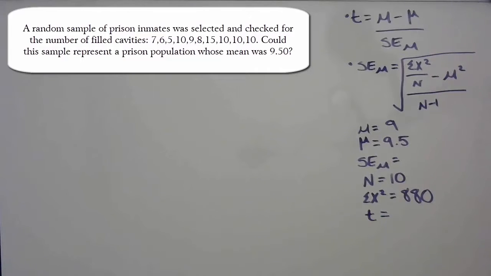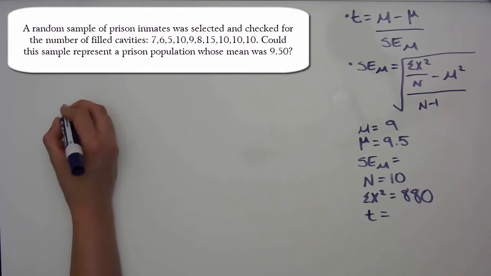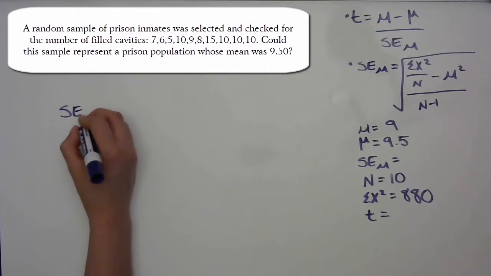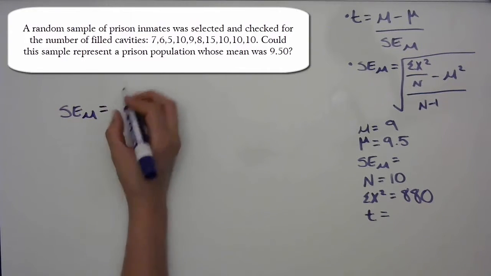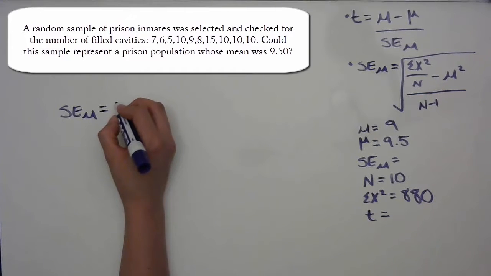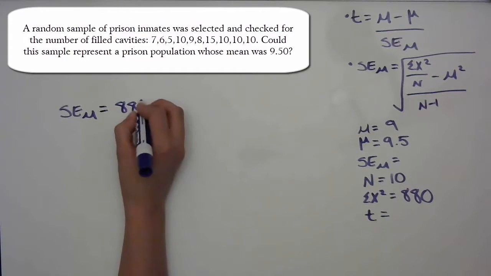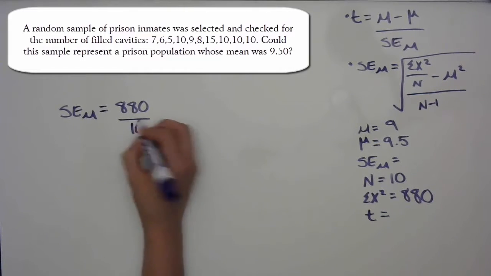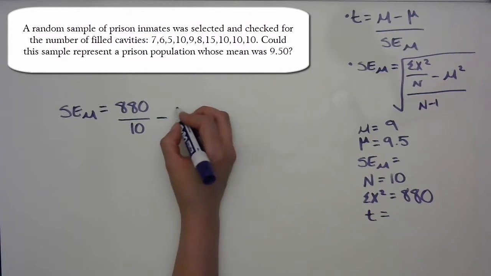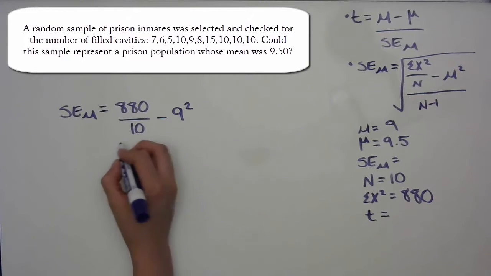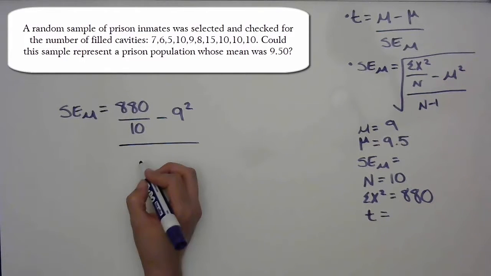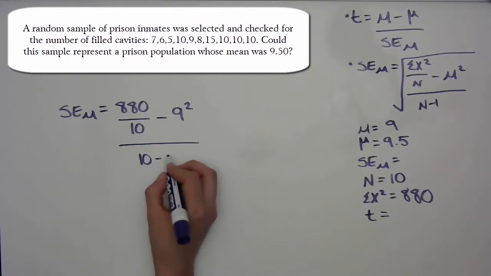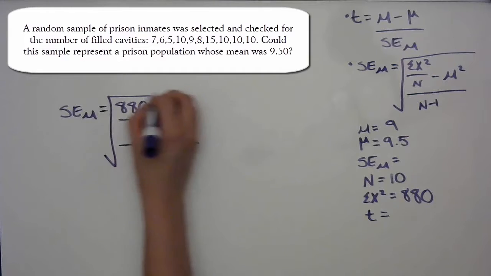Okay, so now we have everything that we need to figure out our standard error of the mean. So just plug in those values. Our sum of x squared value is 880, divided by our n value of 10, minus our mean, which is 9 squared, divided by our n value again, 10, minus 1, and then all of that is square root.